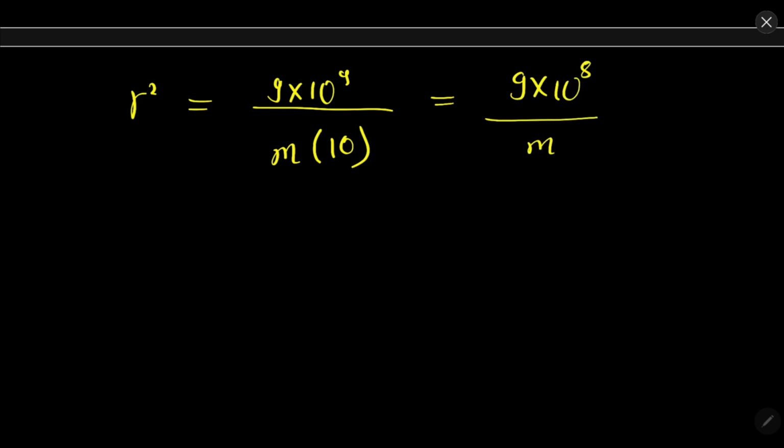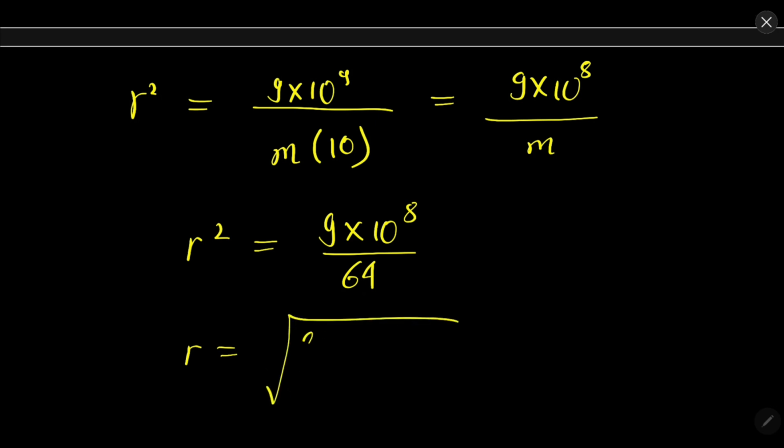Now you can take any mass because they are asking you to take your own mass. So let's say you are approximately 64 kg. So what you will get, R equal to root of 9 into 10 to the power 8 upon 64.